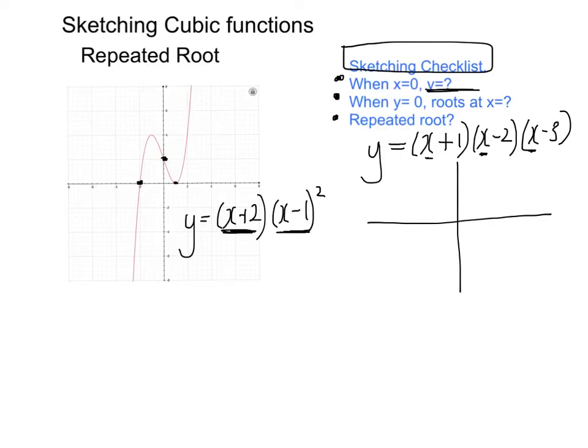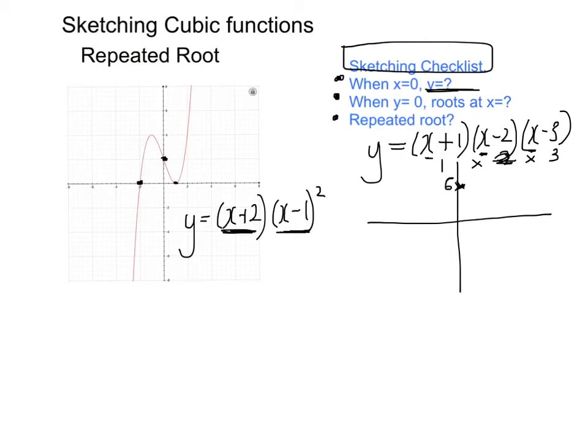The value of this bracket would be 1, the value of this bracket would be minus 2, and the value of this bracket would be minus 3. 1 times 2 times 3 is 6. So it's crossing the y-axis at 6.